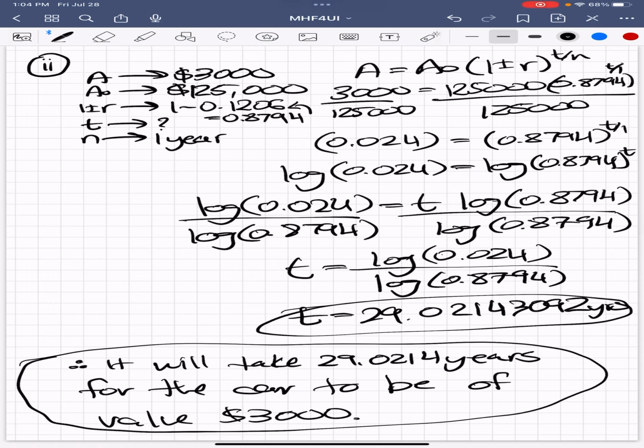I'm just going to double check our calculation here. 3,000 divided by 125,000, and our answer is 0.024. It's only to the third decimal place, but that's the answer. Normally I would prefer the fourth decimal place, but this is all it gave us, so don't worry about it.